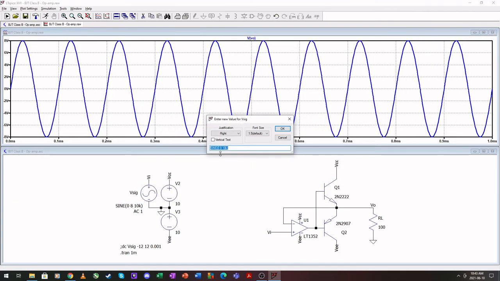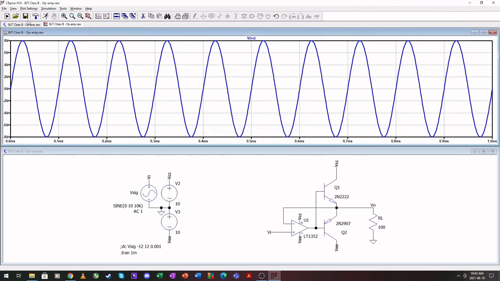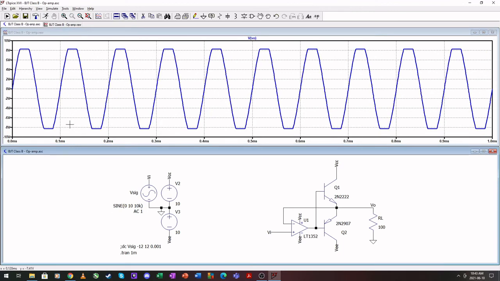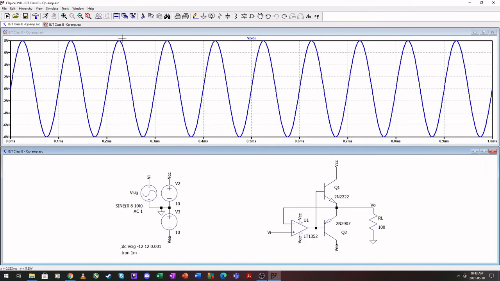Just as a note, if we were to go and make this 10 volts at the input now, it will start clipping because this op amp is being saturated on its output and it clips. Okay, if you want to know if slew rate is a problem, if you use your op amp and suddenly the output becomes triangle waves, not this clip, but these start to become triangular, the slew rate of your op amp is too low.